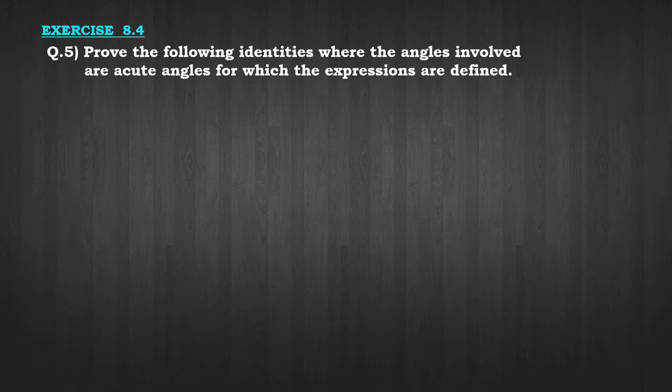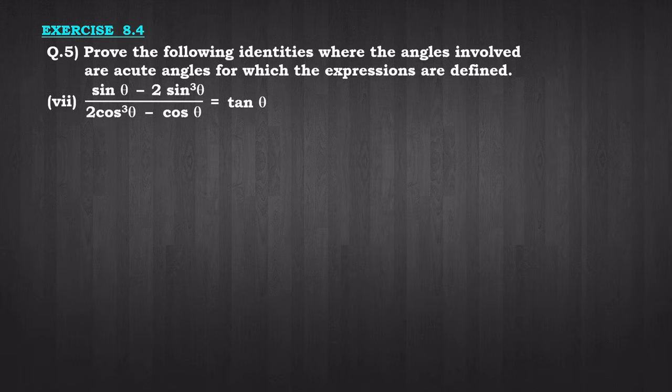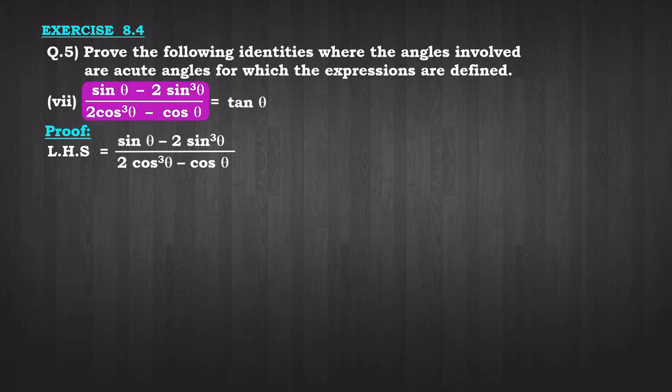Now, let us solve question 5, part 7, from exercise 8.4. The question asks us to prove that (sine theta minus 2 sine cube theta) divided by (2 cosine cube theta minus cosine theta) is equal to tangent theta. Let us start with the left-hand side. Take sine theta as the common factor from the numerator.